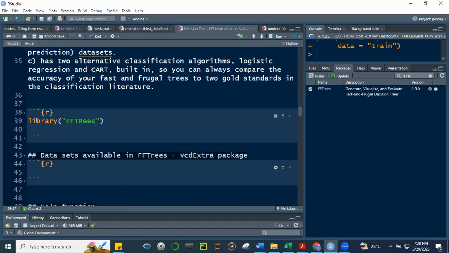Yan ang spelling, no? Capital F, capital F, capital T, small r, no? Alright, so once you're done, paki-chat naman please para so that I know that you're ready.